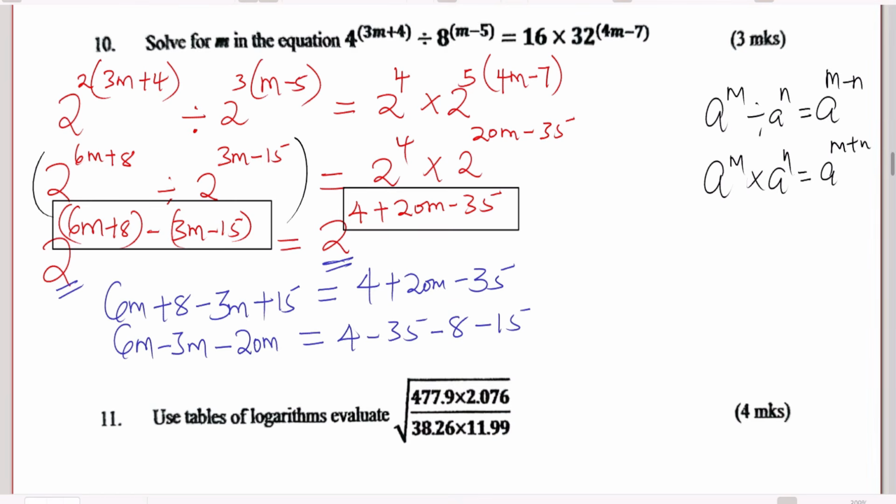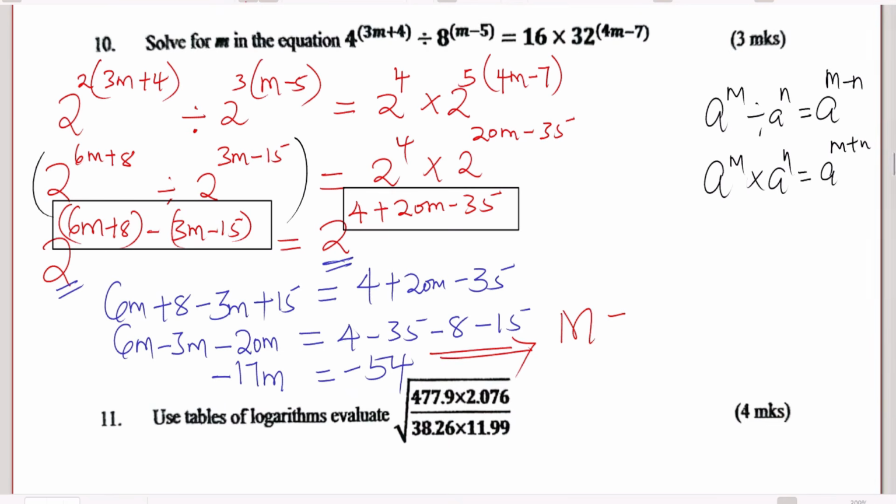So now you have 6m minus 3m, that is 3m. 3m minus 20m, you get negative 17m is equal to 4 subtract 35, subtract 8, subtract 15. This one gives negative 54. So from here, you simply get m by dividing both sides by negative 17.